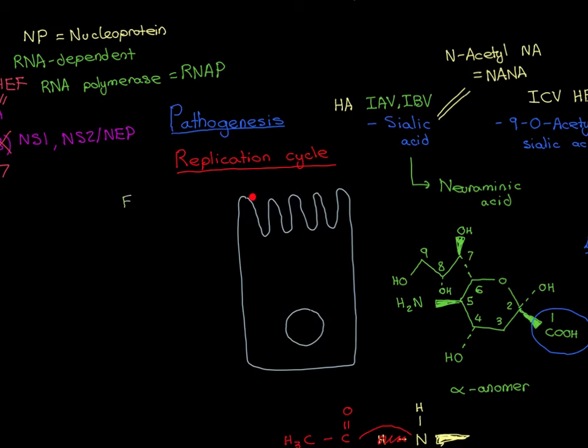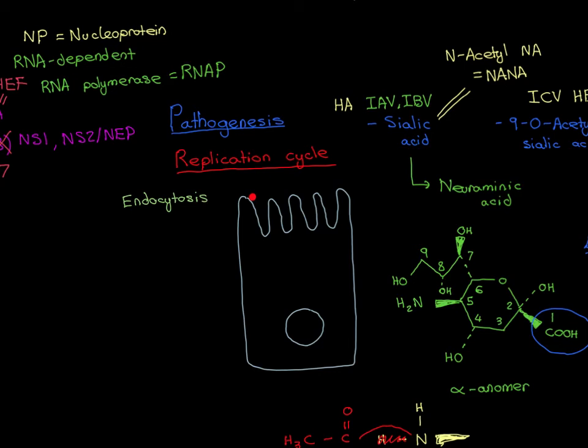So what's going to happen next is this process called endocytosis. Now, endocytosis is the process where a portion of the cell membrane is internalized to form an internal membrane-bound cavity, and that's it. That's what endocytosis means.